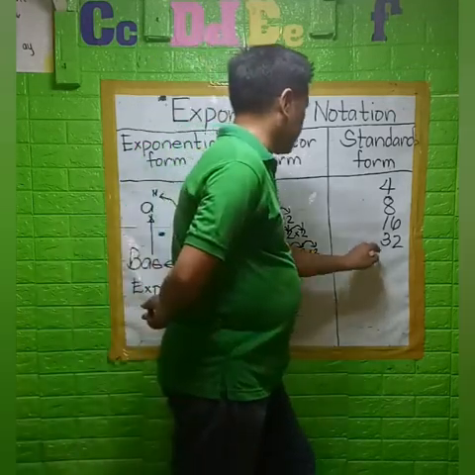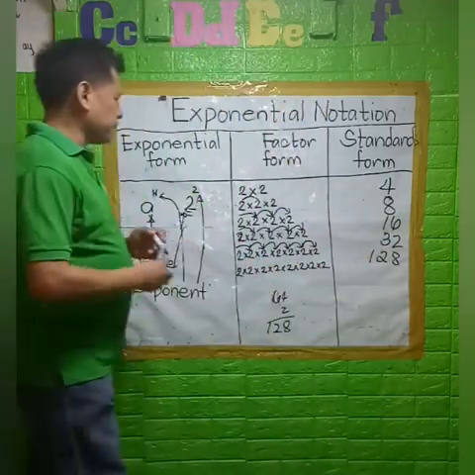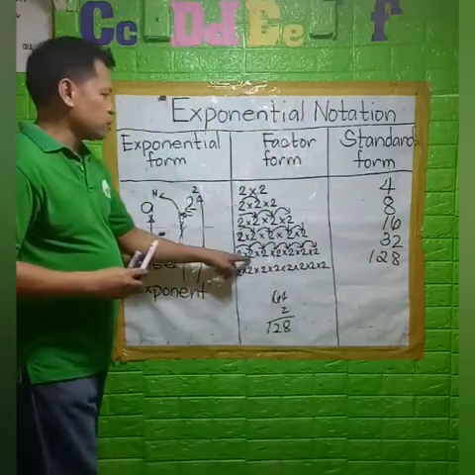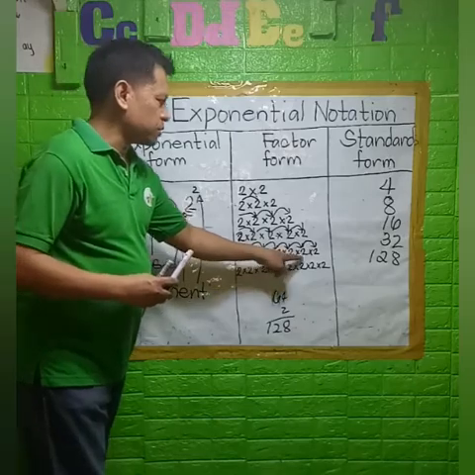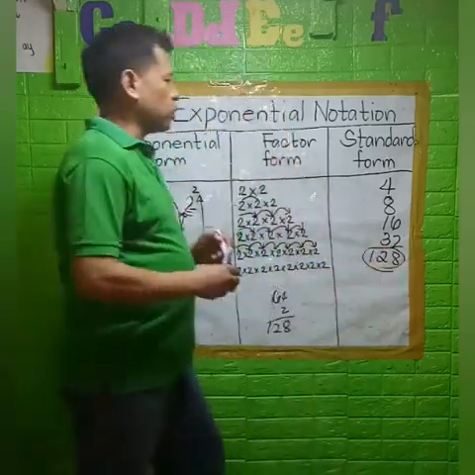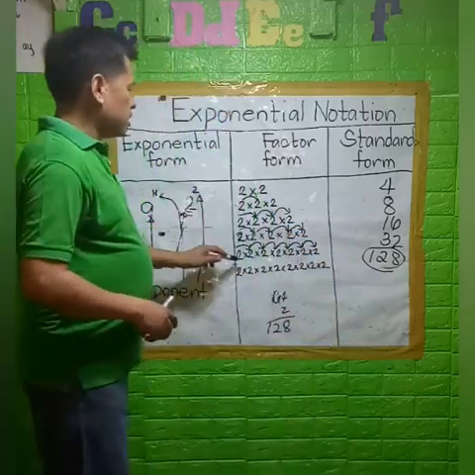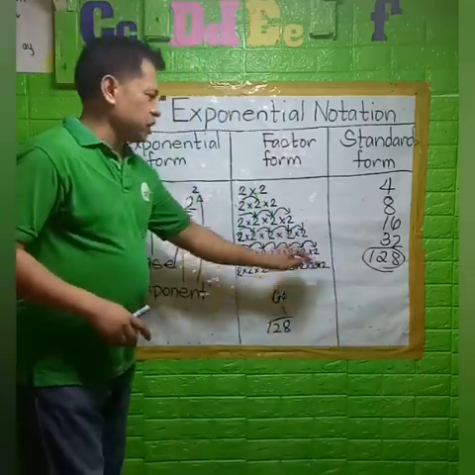So the answer here is 128. So that is the product of 2 times 2 times 2 times 2 times 2 times 2 times 2. The product is 128, or that is what we call the product of this expanded notation.